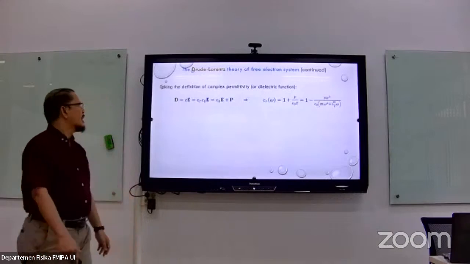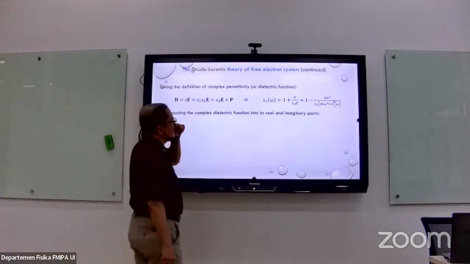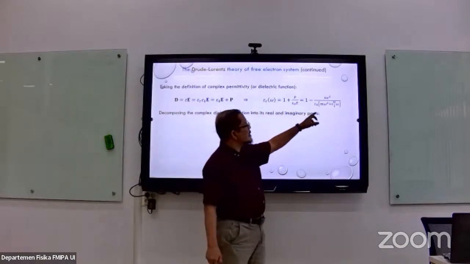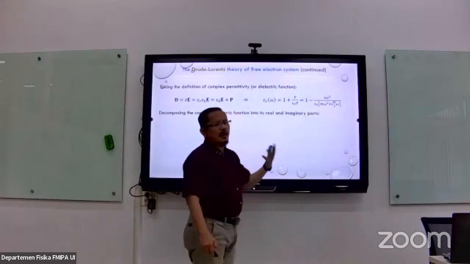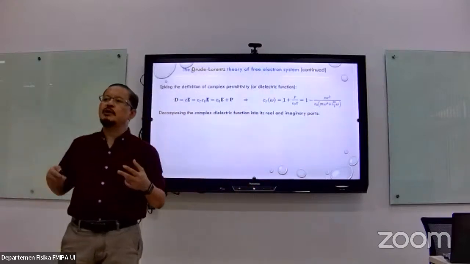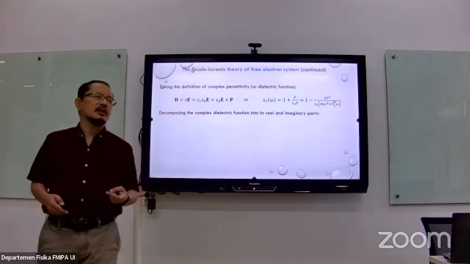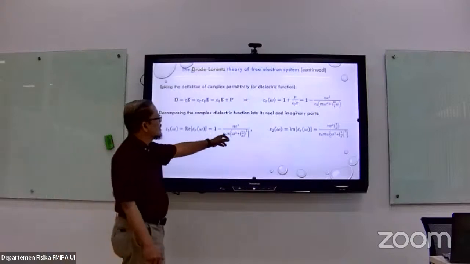Okay. Next, since this is a complex number, see there is an imaginary number over here, right? So the whole number is complex. So every complex number can always be decomposed into its real and imaginary parts. If we do so, then this is what we need.